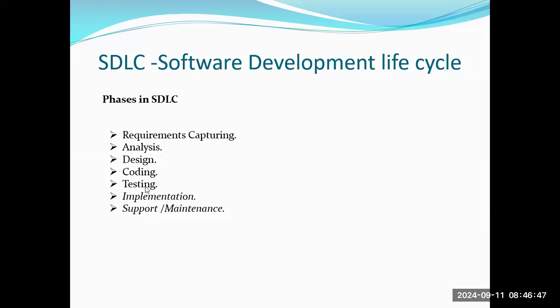Without implementation, we cannot go with support and maintenance. So this is one of the most important things. Don't break this cycle. If you say analysis, implementation, support and maintenance, coding, testing in the wrong order, they will reject you. Because if I want to start any project, even an AI project, the first thing I require is requirements. Once you get the requirements, then what do you need to do?